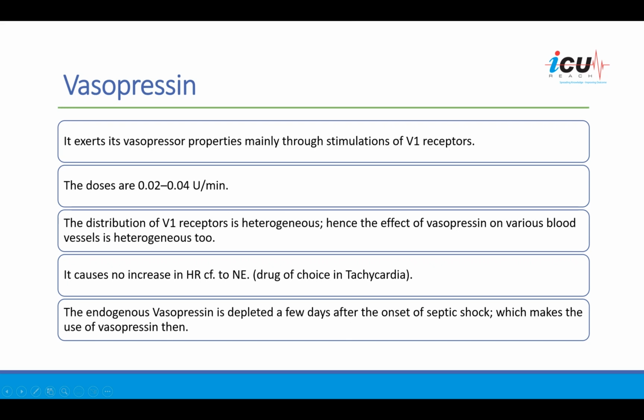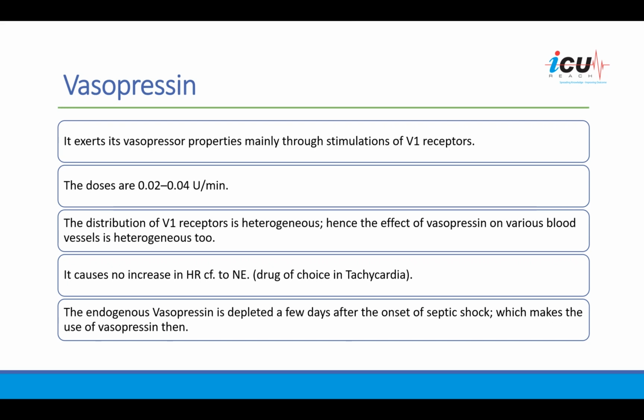Vasopressin exerts its vasopressor properties through the stimulation of V1 receptors. It is a fixed dose. Usually we use 0.03 units per minute. Since the V1 receptors are distributed in a heterogeneous way, the effect of vasopressin on various blood vessels is heterogeneous too.